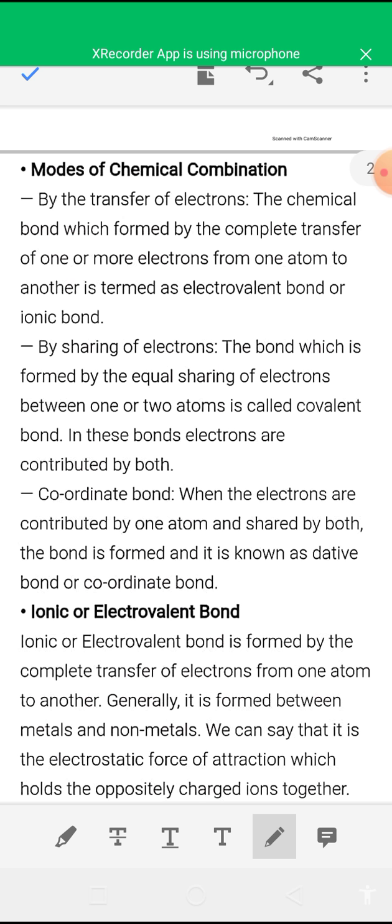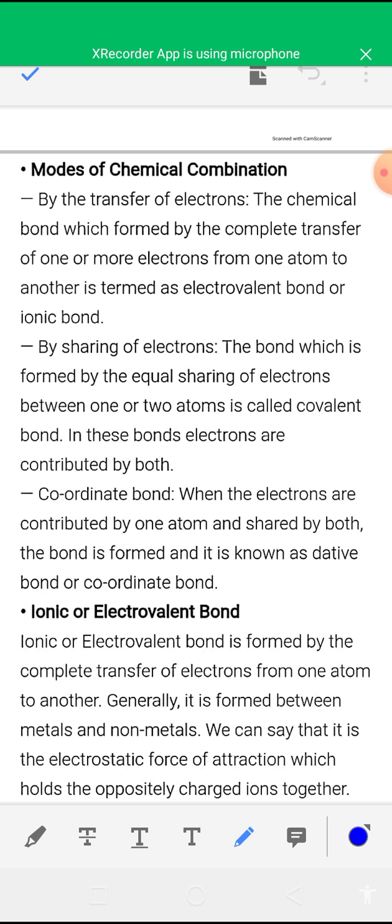Now see the modes of chemical combination or types of chemical bond. There are mainly three modes of chemical combination. One is electrovalent bond or ionic bond. The second one is covalent bond, and the third one is coordinate bond.